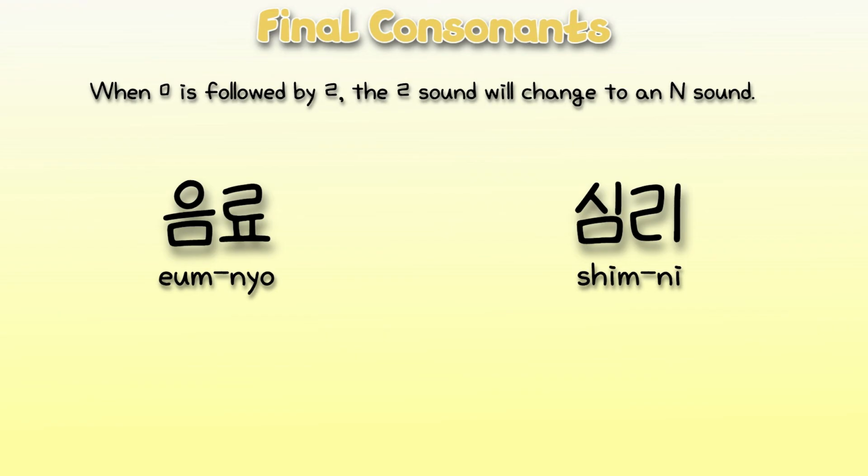For our first word, if you don't know the rule, you will probably try to pronounce it as umryo. But even that feels a bit weird to say. If we change the pronunciation of the rieul into a nieun, it becomes 음료, umnyo. Way easier to pronounce. The same is done for our next word. It wouldn't be 심리, but 심니.